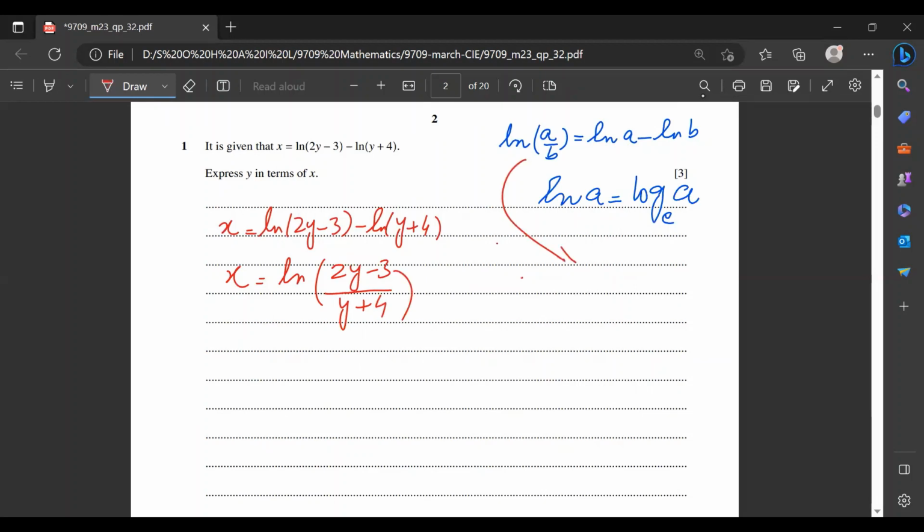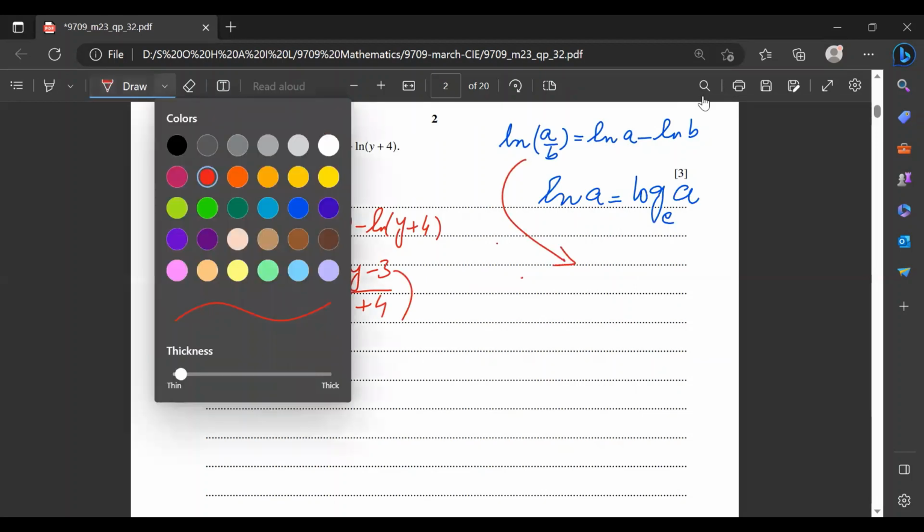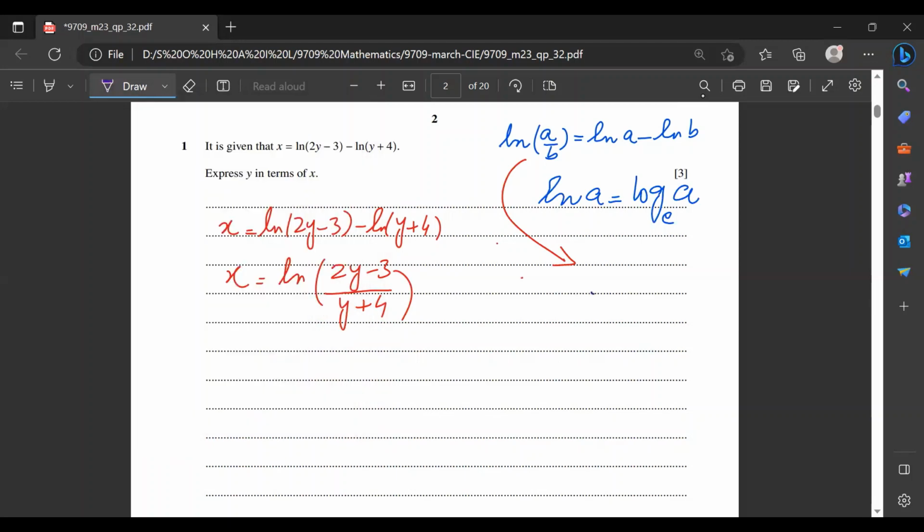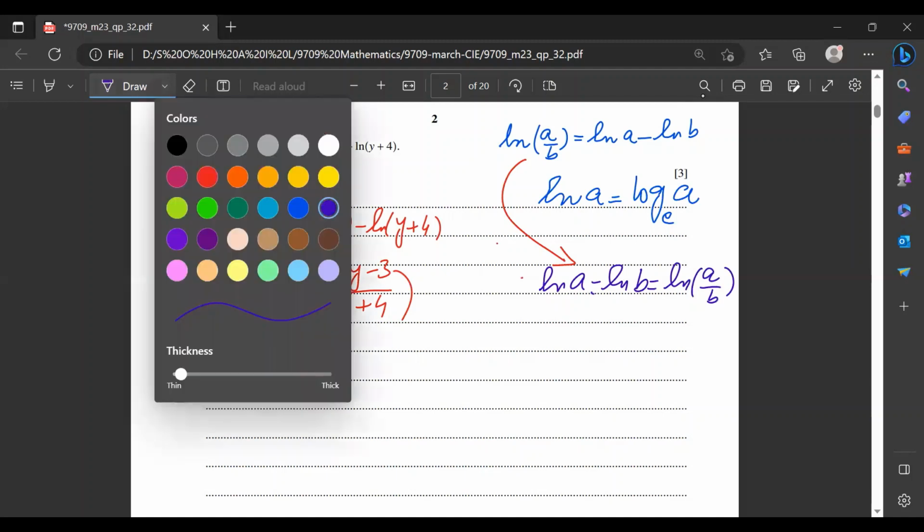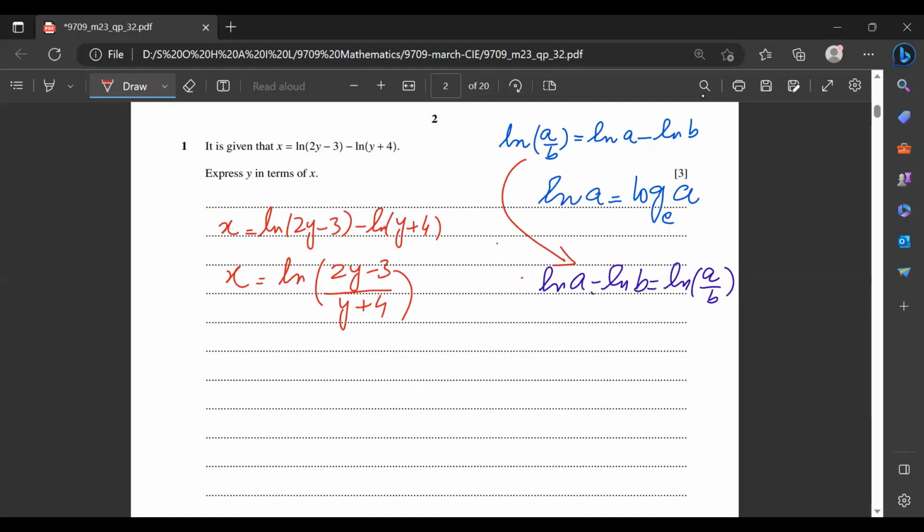The same, like natural log of a over b is natural log of a minus natural log of b, and if there is natural log of a minus natural log of b, we can always write it as log of a over b. Next, you can also write it as log of (2y minus 3) over (y plus 4), changing the sides, equals x.